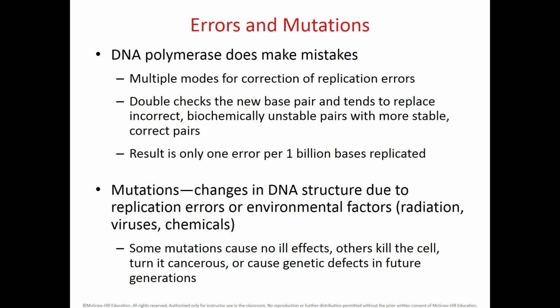And hopefully, once the mistake is corrected, the cell can continue with the actual process of cell division. Now, there are some mutations that the cells definitely cannot tolerate. And when that happens, the cell stops the cell division, halts the process of DNA replication, and does not continue the cell cycle.